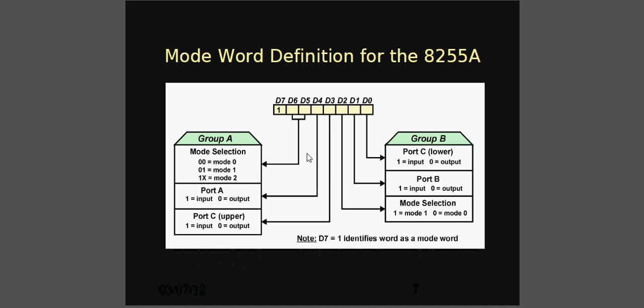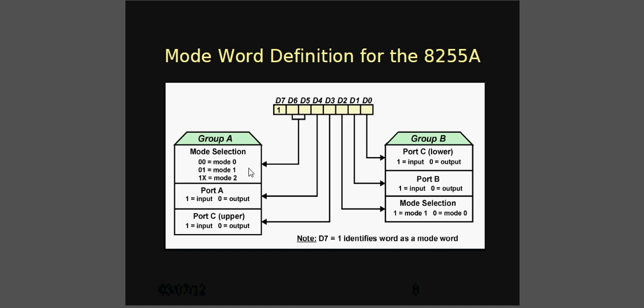This is the register where we can set or change the setting for the 8255A. As you can see for the bit D0 here, if we set it as 0, then this port C will become output. If we set it as 1 here, the port C will become input. Same goes for D1 and also D2.